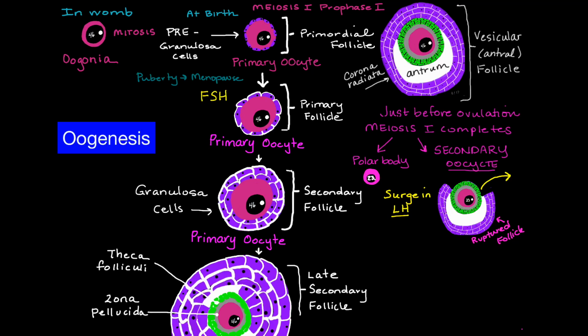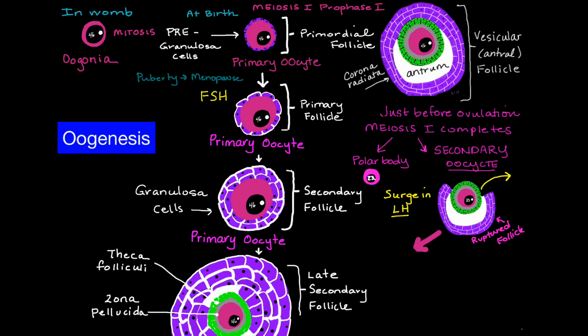Our secondary oocyte has now left the ovary, so it can begin its journey down the uterine tube. It is not going to complete meiosis II unless it is fertilized. So there's a total difference between female and male gametogenesis, because in males, both rounds of meiosis are completed, but in females, we have lots of pauses and places where things are arrested until another event occurs.